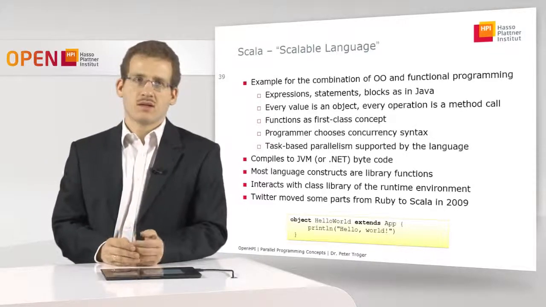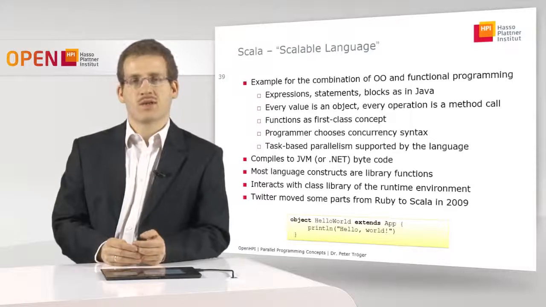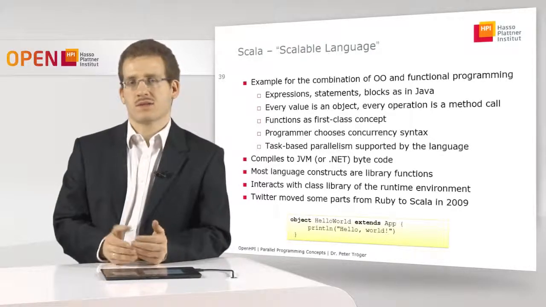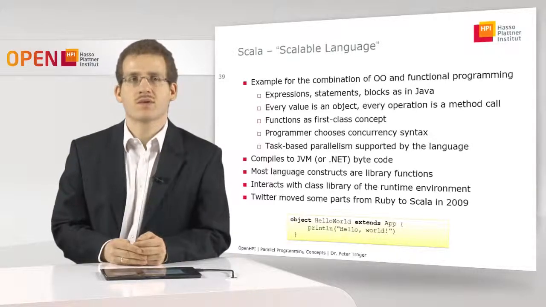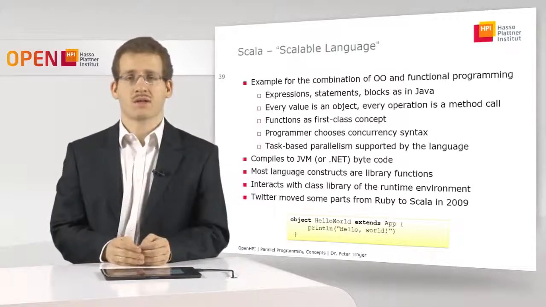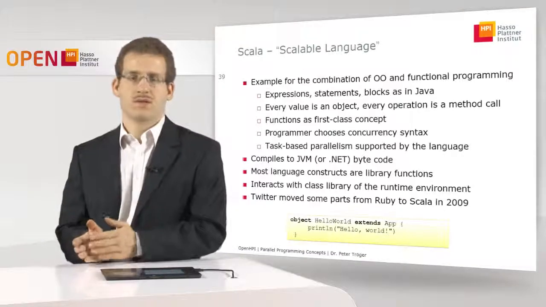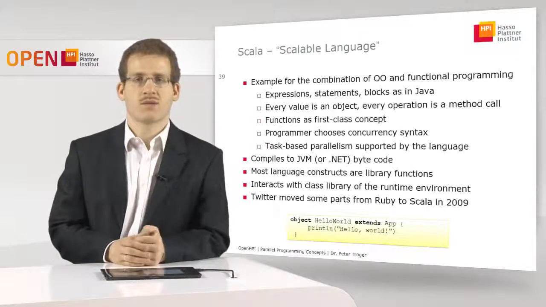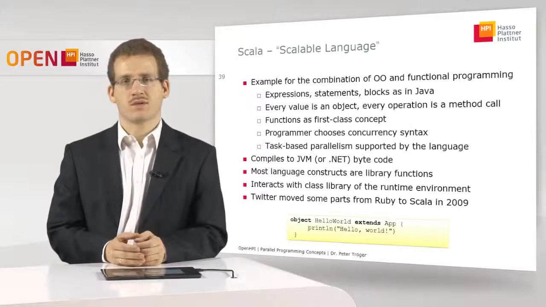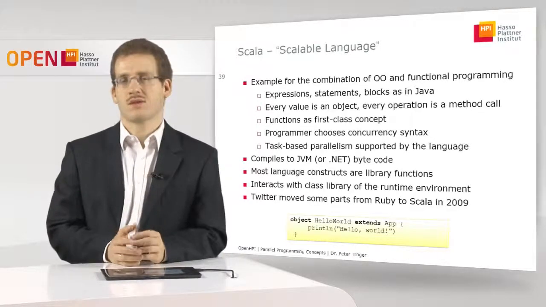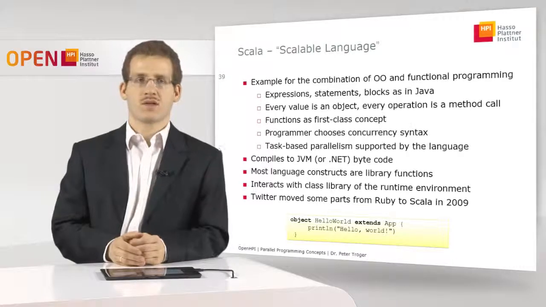In Scala, expressions, statements, and blocks are defined as in Java, so this is something you may already know if you have experience in that language. Every value in Scala is an object, which is a difference to traditional Java, where we sometimes have primitive types, and every operation is a method call. So this is a more strict definition of an object-oriented language.